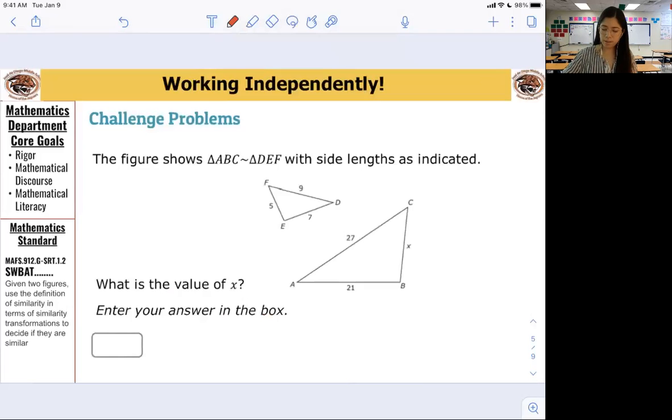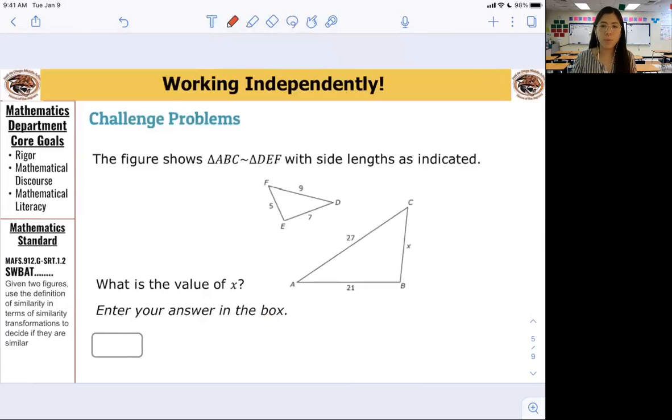All right. 10, 9, 8, 7, 6, 5, 4, 3, 2, and 1.